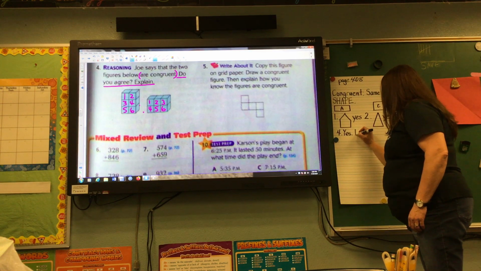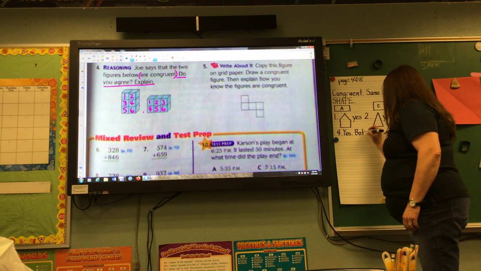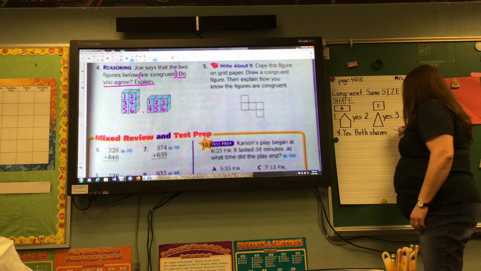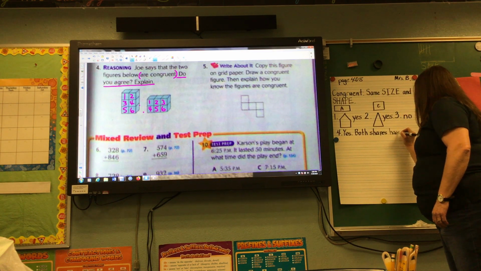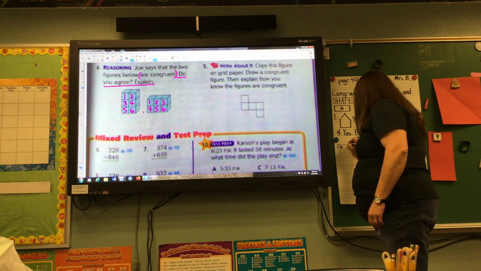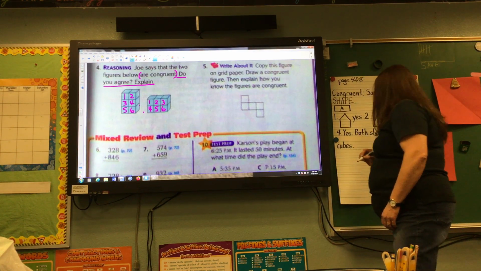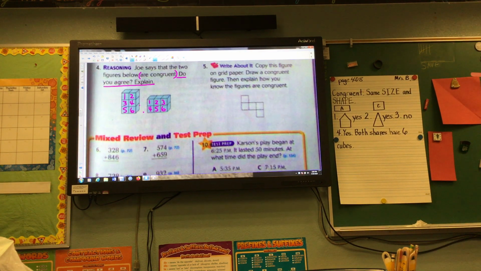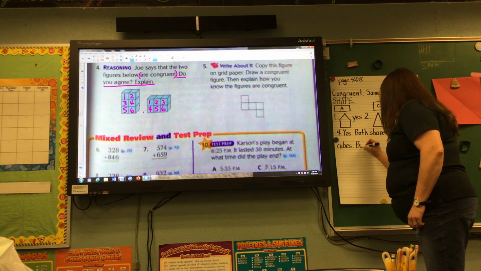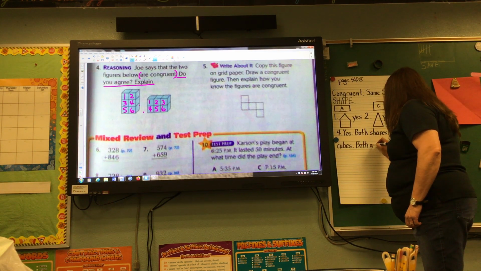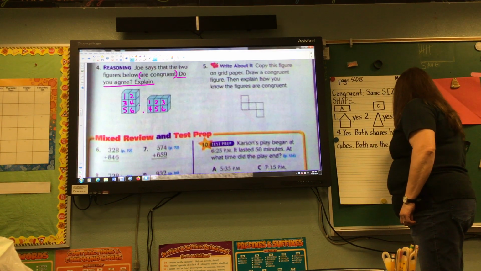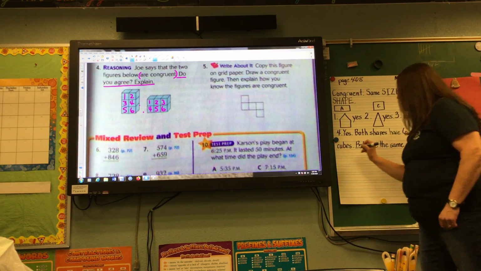So I'm going to go ahead and start with my answer. Both shapes have 6 cubes. Okay, so we said both shapes have 6 cubes, and both are the same rectangle.